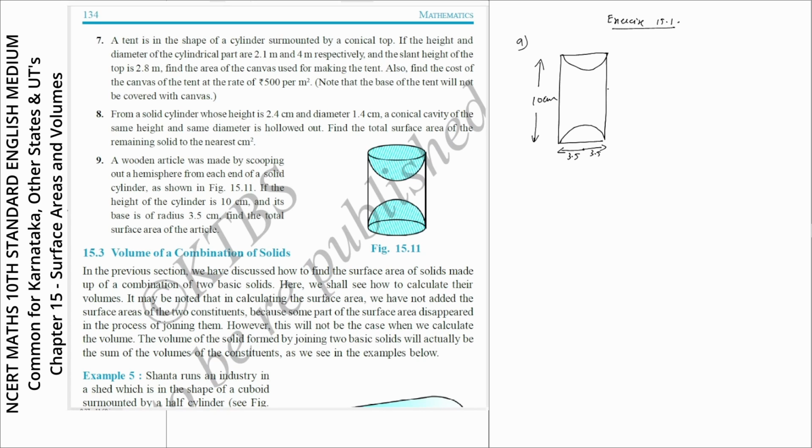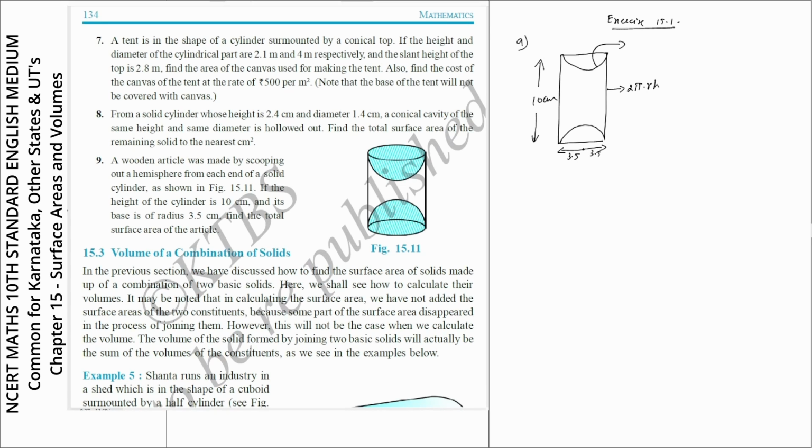So what is the curved surface area of the cylinder? It is given by 2 pi r into h, where h is 10 centimeter and r is 3.5 centimeter. Radius of the cylinder is 3.5 centimeter. Okay, now what is the curved surface area of this hemisphere?